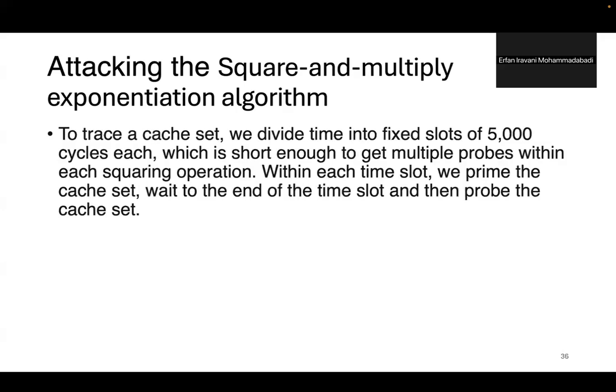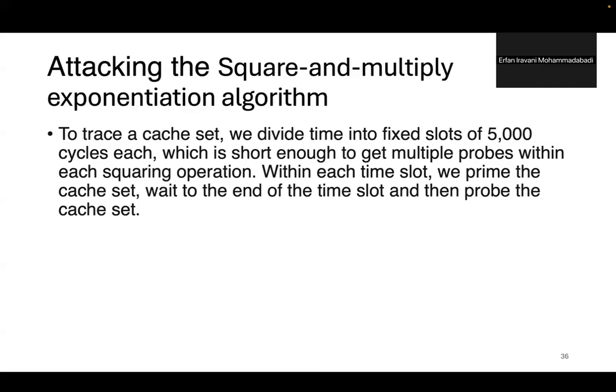So to effectively trace a cache set, they divided execution time into fixed slots of 5,000 cycles. And this duration is short enough to capture multiple probe measurements within a single squaring operation. Within each time slot, they perform 3 key steps.